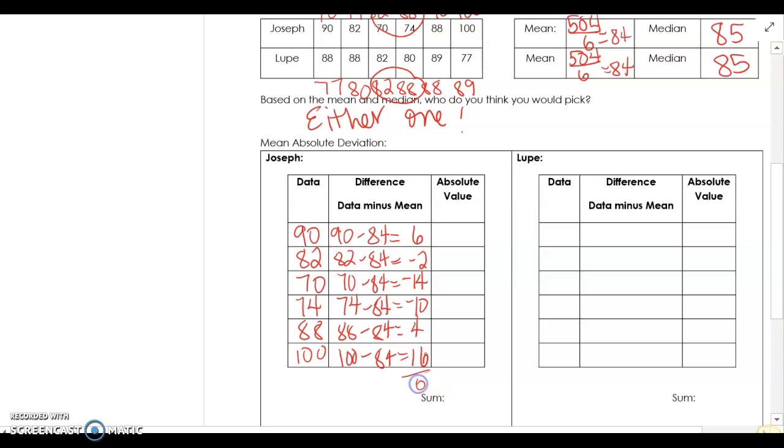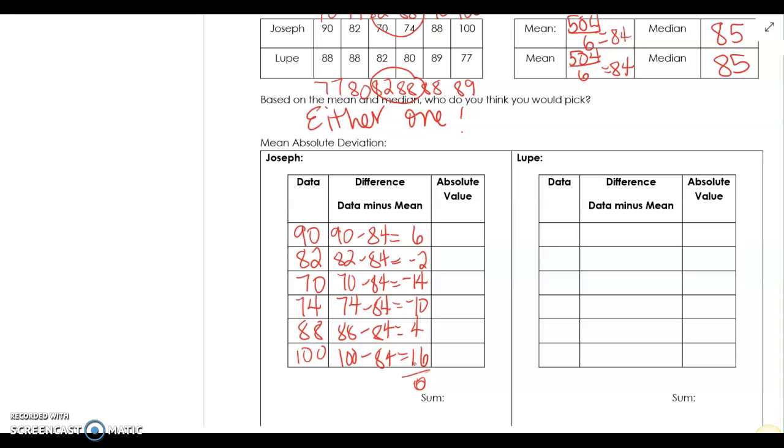If you can add those values up and get 0, you know you've done everything correctly so far. The reason that that sums to 0 is because you're looking at how the data sits below and above the mean. So again, with mean being the balance point, you should have an equal amount of data above and below, or at least their difference should be the same above and below.